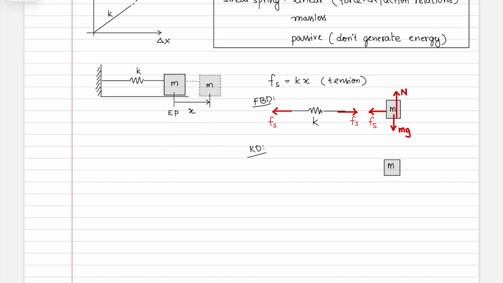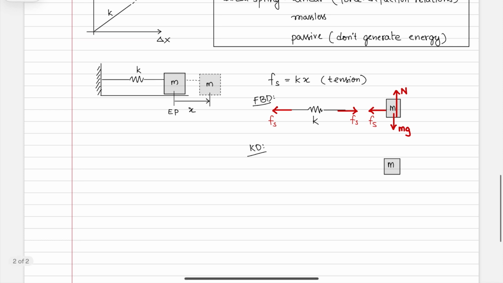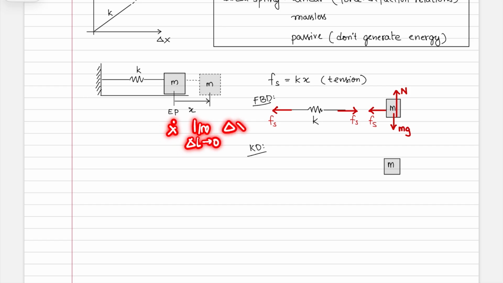Why is that? If you look at the velocity, that is x dot, it is the limit as delta t tends to 0 of delta x over delta t. And this delta t is positive. So the only case where x dot would be positive is where delta x is also positive, which means it would be going in this direction.